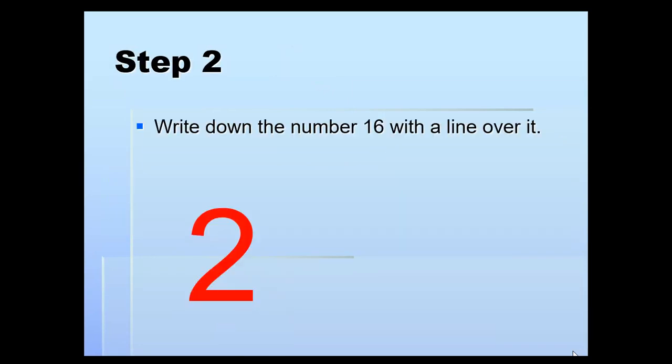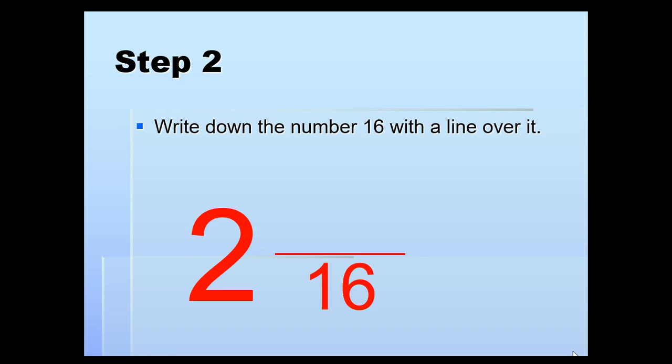The second step is to write down the number 16 with a line over it. We'd call that line a fraction bar. A fraction bar separates the two numbers in a fraction. The bottom number of the fraction represents the total amount of parts we're talking about.